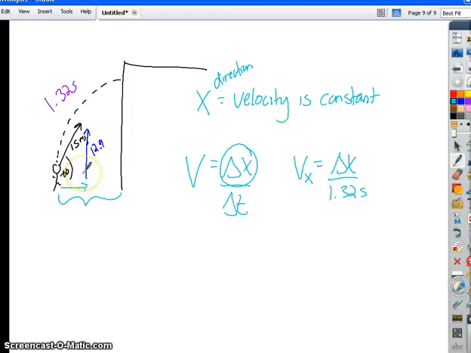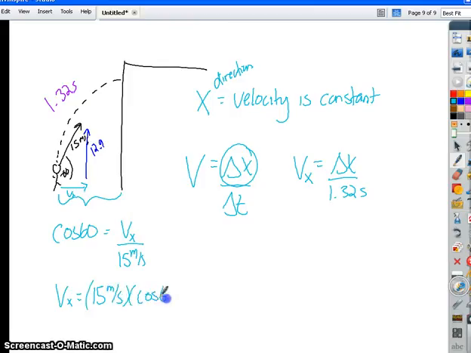Well, we have a triangle here. So the cosine of 60 is equal to the adjacent, which I'm going to call Vx, over 15 meters per second. So Vx equals 15 meters per second times cosine 60, which is 7.5 meters per second.